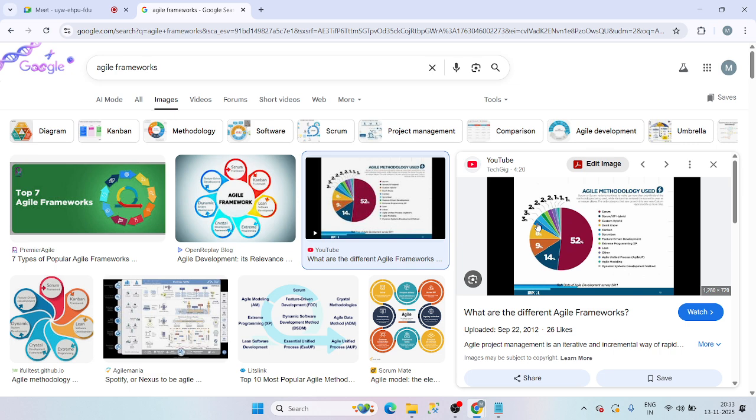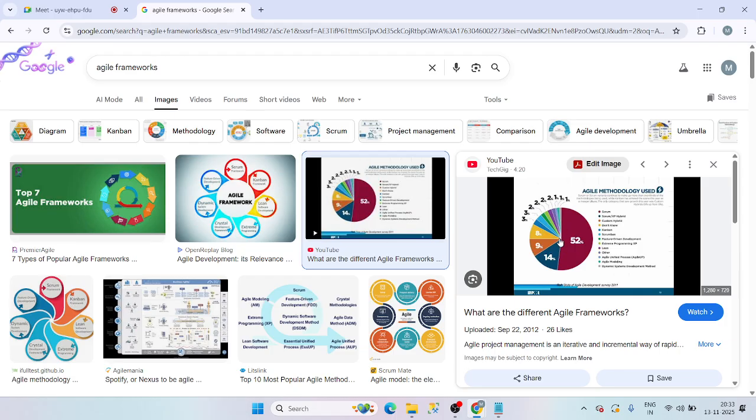But right now in the current market, 95 percent is Scrum, guys. Why, Manoj? Because these other frameworks are outdated. They were gone. No one is using them.